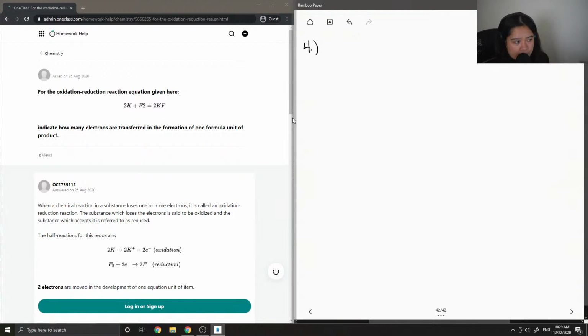Okay, so first let's just write down the reaction. And then just make sure everything is balanced. We have 2 potassium and 2 fluorines on each side.